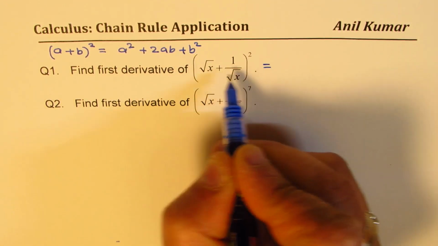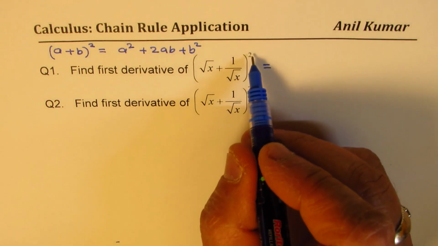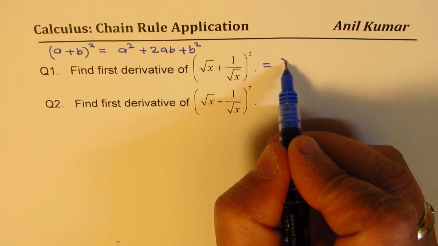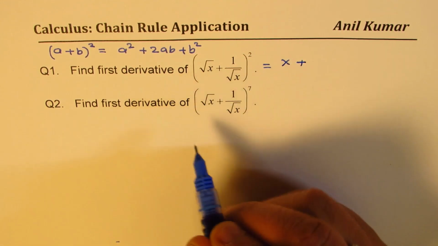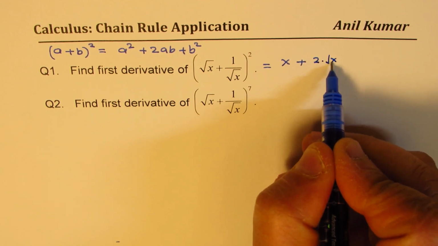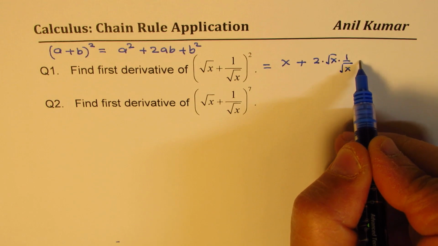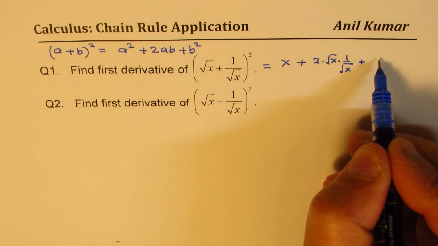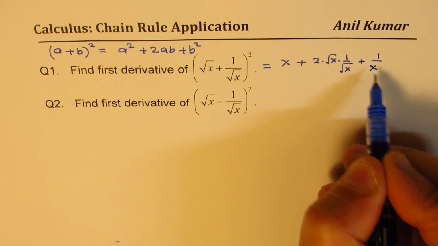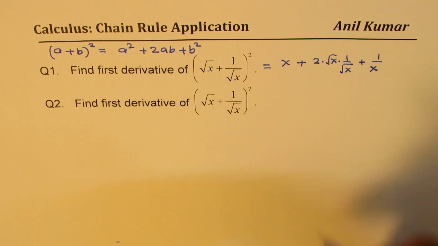So the first function, (square root of x plus 1 over square root of x) whole squared, could be written as x, that is the square of this, plus 2ab, which is 2 times square root of x times 1 over square root of x, plus this squared, which is 1 over x. So you could write this function like this, and then you can find the derivative, correct?